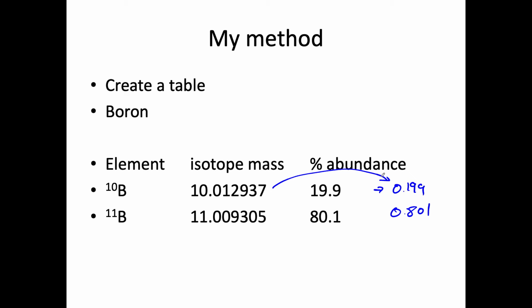So I'm going to take 10.012937 times 0.199. And for boron 10, I'm going to get a value of 1.992574. Let's go ahead and carry this out to the sixth decimal place.